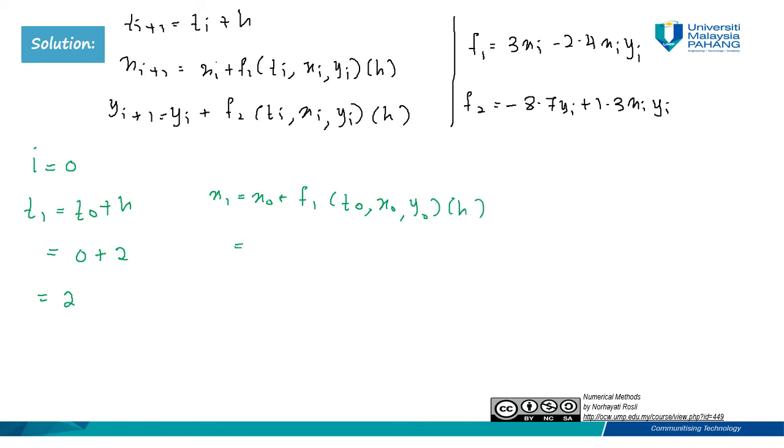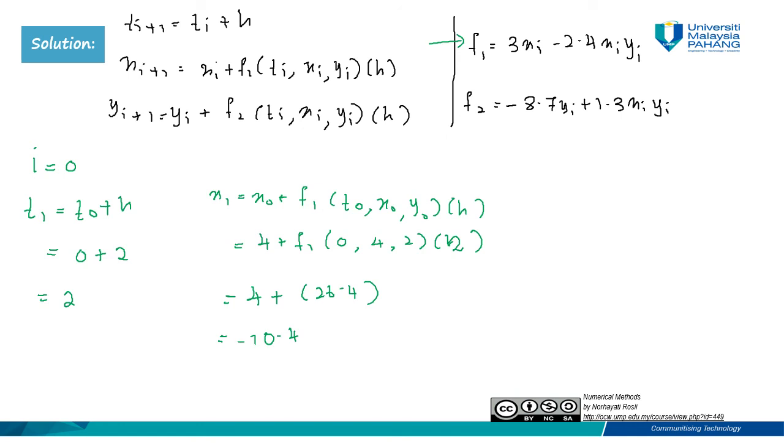What is our x0? x0 is equal to 4 plus f1, with T0 equal to 0, x0 equal to 4, y0 equal to 2, and h equal to 2. Calculate your f by substituting these values into our f1 here. So we will have 4 plus minus 14.4. Just use a calculator, and you will have minus 10.4. So this is the value for x1.